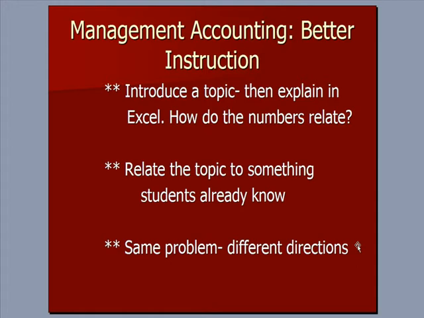The other thing I think that's missing is there's a need to relate the topic to something you already know. Accounting is largely a new language for people, and I think relating it to something they already know is extremely important. And finally, I think it's very important to do the same problem from different directions. If you think of learning the formula distance equals rate times time back in middle school, we solved for one of the variables when the other two variables were known.